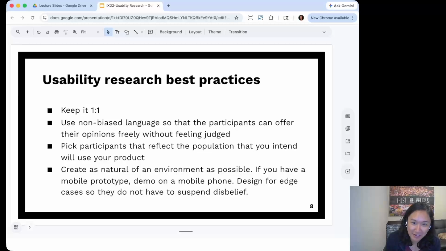That can be a common trap for designers when presenting their findings. If you don't set up the study in a way that is analogous to how someone would use it in the real world, then your insights could be not applicable to the work that you're doing.